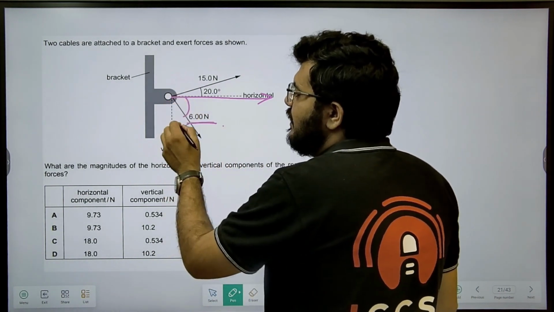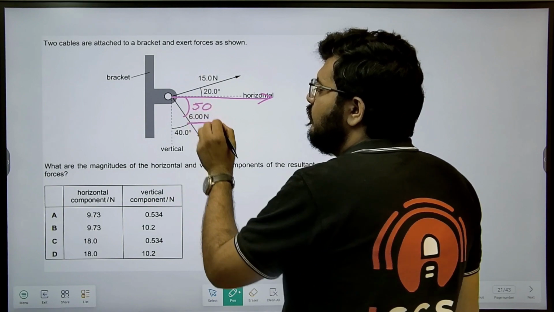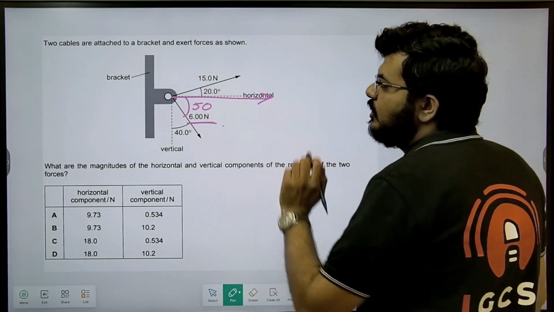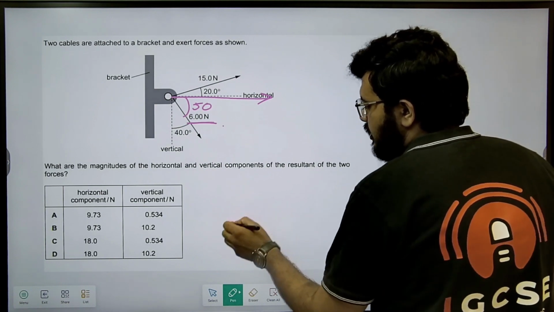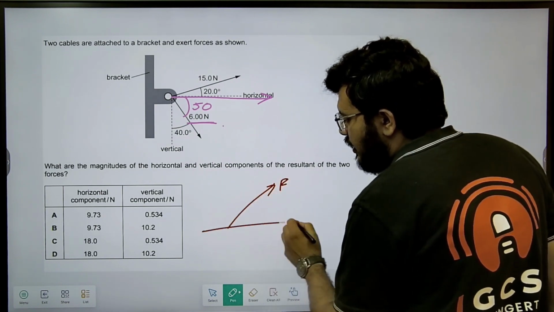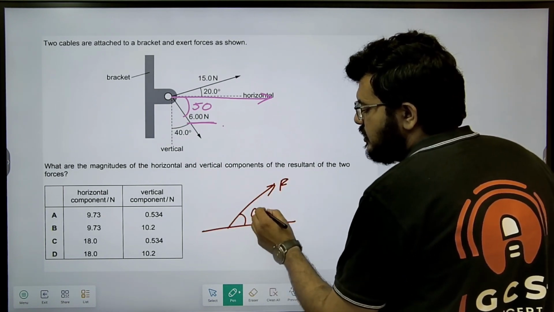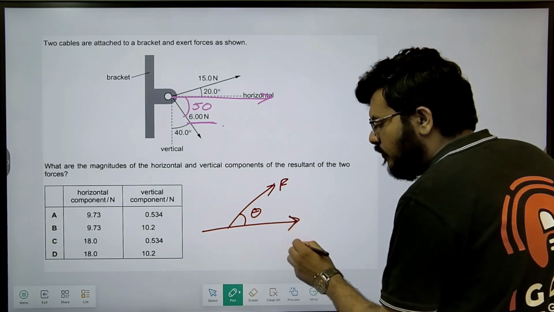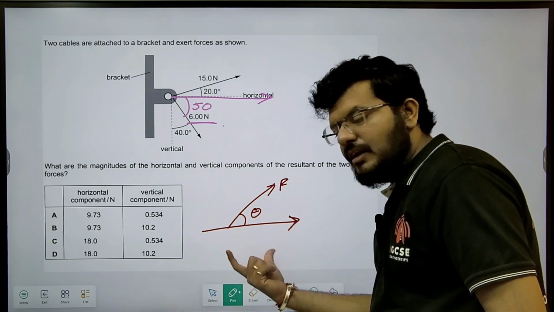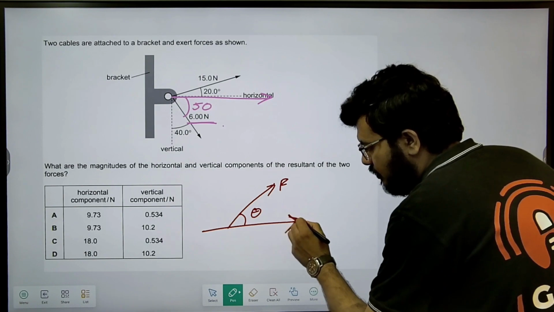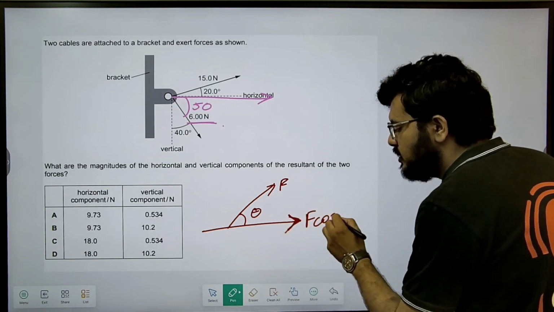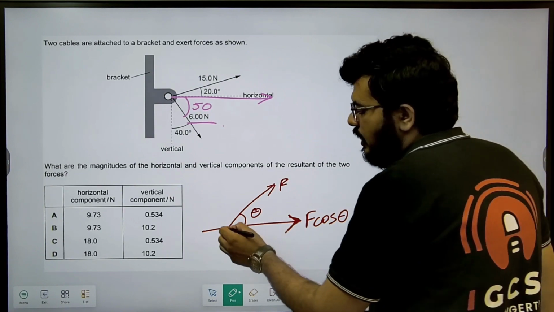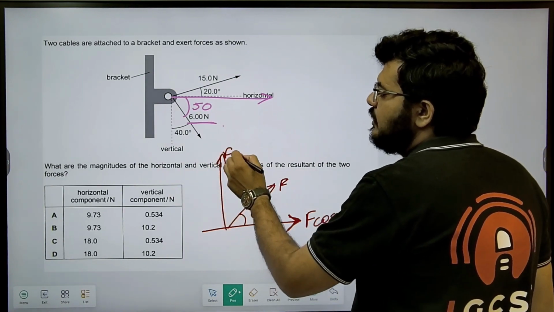Because this is 90, this has to be 50, right? And this is already given 20. Let's say this is your force F and this is the angle given as theta. The projection of force F on the line on which it is making angle is always equal to cos theta, the nearer one. The other one is sine theta.